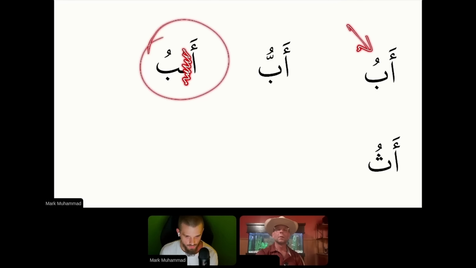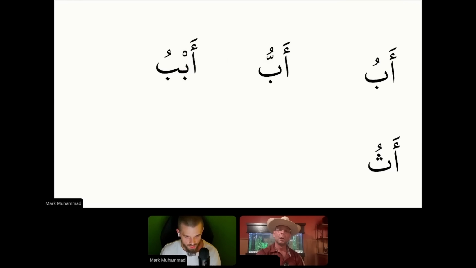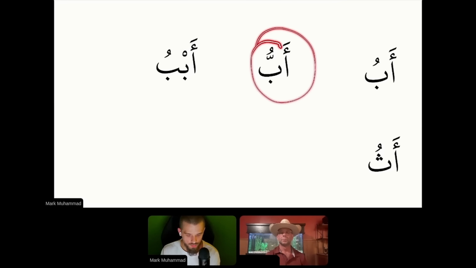When we add this thing called a shaddah, we are basically introducing a ba with a sukun, or any letter with a sukun. So it's basically a doubling of the letter. So instead of saying abu, we're basically saying abbu.